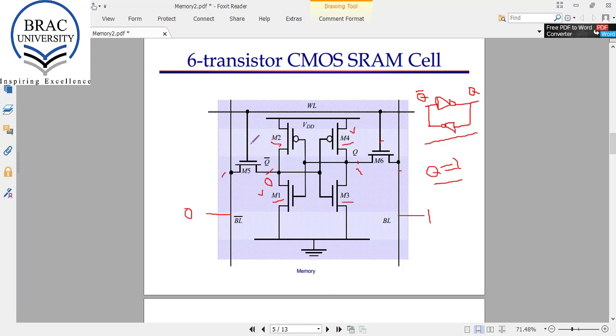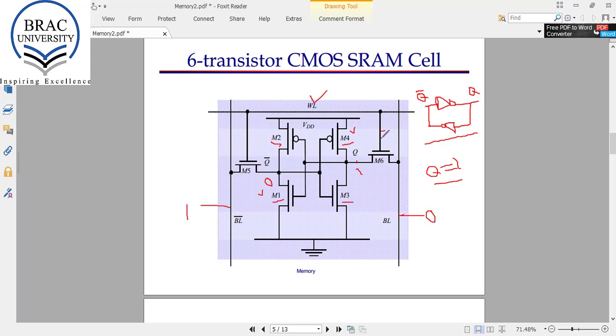Now what happens if I want to write a value 0, that is Q equals 0? For this, we first make BL equal 0 and BL bar 1. We forcefully maintain this voltage level at BL and BL bar. Here we have 5 volt because we turned on the WL, and here we have 0.